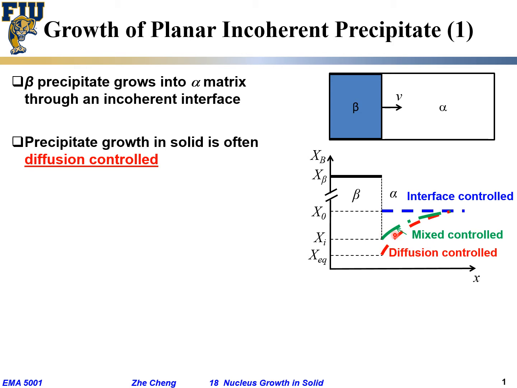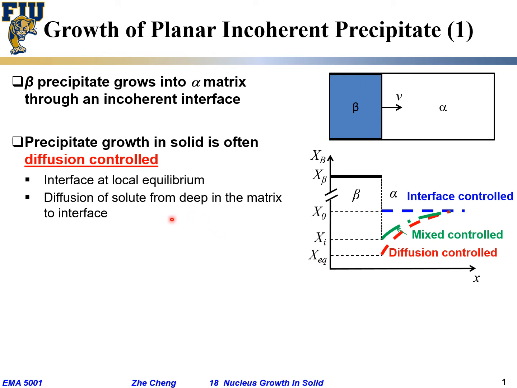Okay? And if that's the situation, as we mentioned, it follows the red dashed line for diffusion controlled for the concentration profile within the alpha matrix. Okay, if that's the case, then, as we mentioned before, right at the interface, we have local equilibrium, which means in the beta phase, the concentration is X beta, while on the matrix side, the concentration is determined by Xeq, the equilibrium concentration.